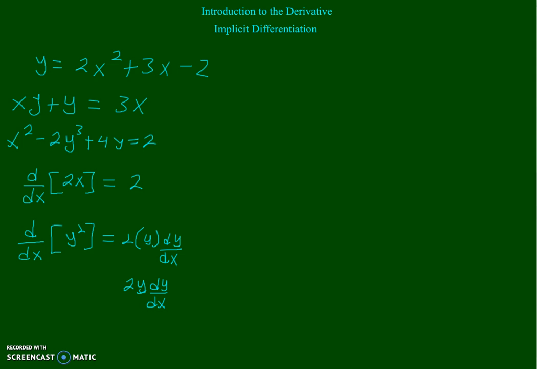So let's go ahead and try a few more of these just to make sure that we've got this idea down. So what we'll do here is one very similar to the one we just did. So d/dx, the derivative with respect to x, of y to the third.